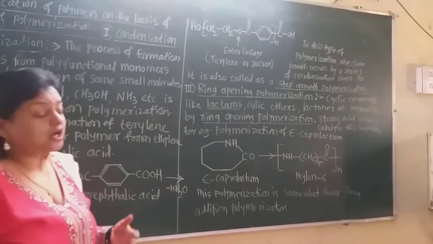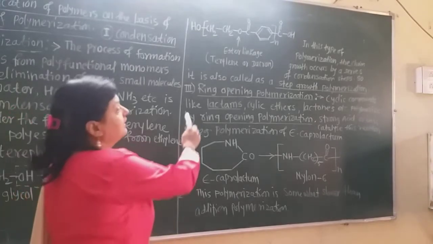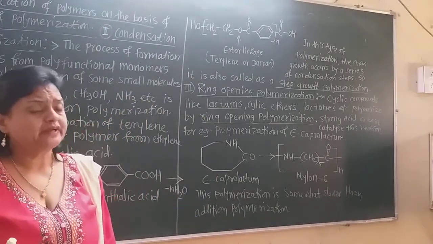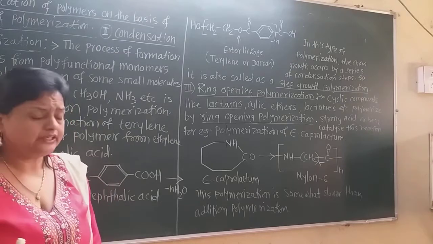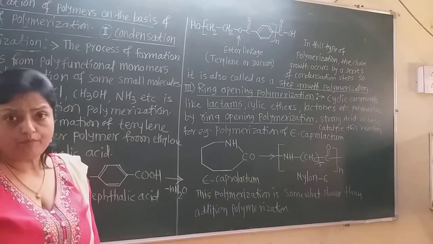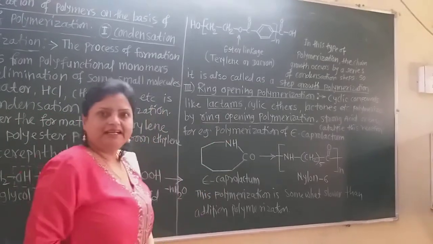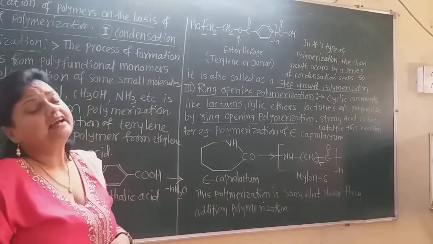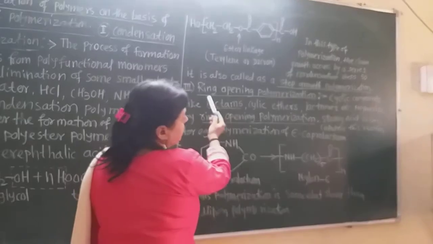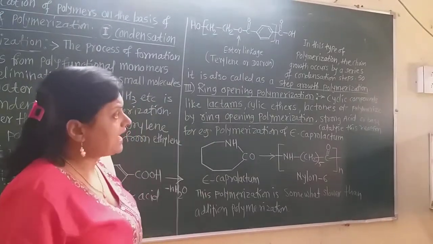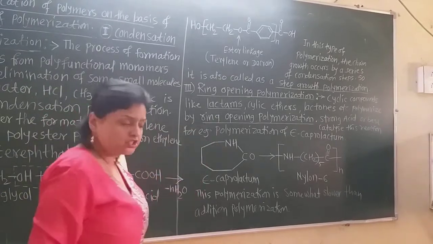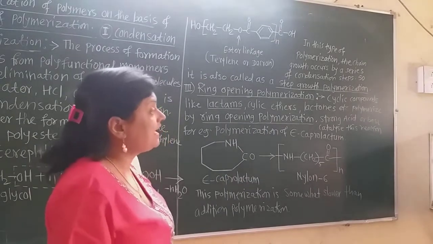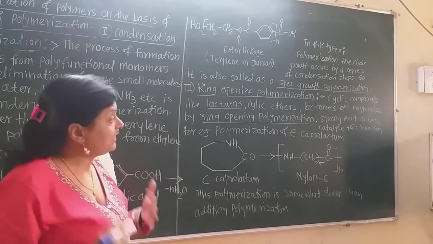Now let us see the third mode of polymerization, that is ring opening polymerization. This is the third type or third mode in this classification, and what happens in it? Cyclic compounds like lactams, having the NHCO grouping in a ring structure, or cyclic ethers or lactones etc., get polymerized by ring opening polymerization.